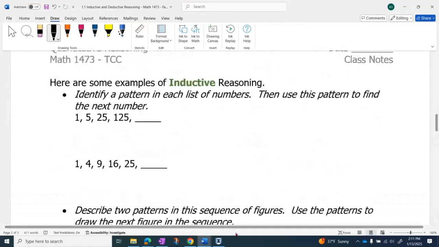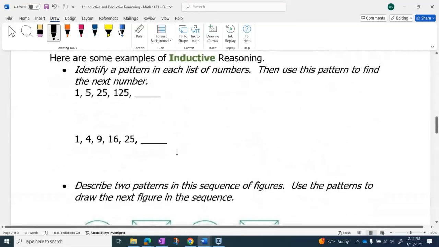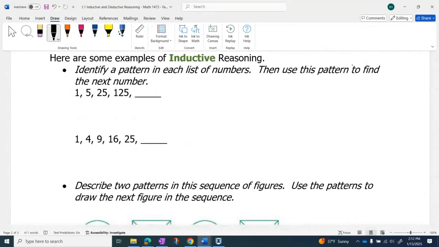So let's see this problem. We are going to adopt inductive reasoning to predict the next element in the sequence. Let's see the first few elements given in the sequence. The sequence starts from 1, 5, 25, 125.